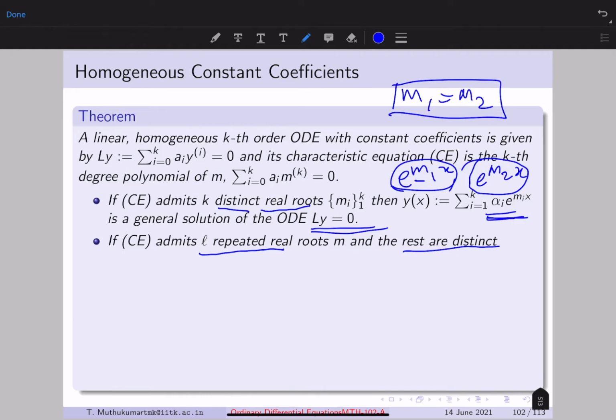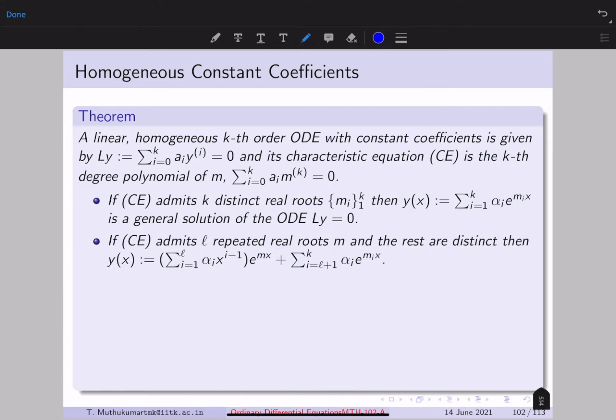So when you have repeated roots, here we are assuming m is the repeated root.